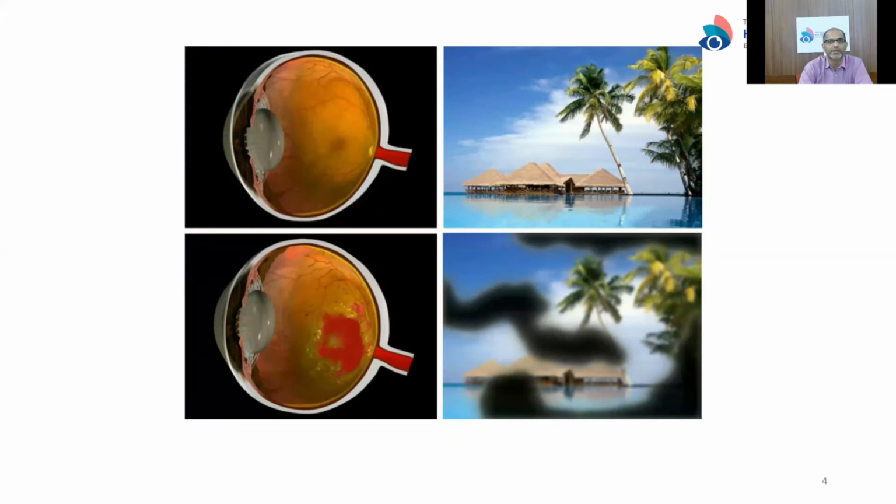And a person sees something like this that you are observing on the screen. The top image shows what a person can see when the media is clear, and the bottom image shows what a person will see when the media gets occluded by vitreous hemorrhage.